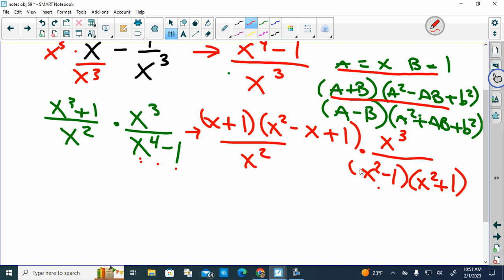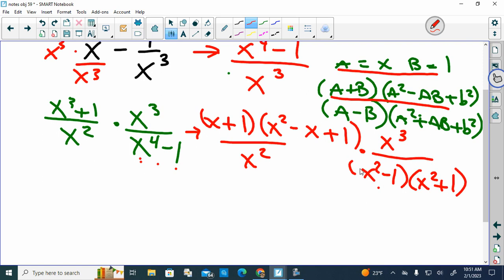Sign in the middle has to be a negative, because that's what gets rid of the middle term. And then 1 has to be a perfect square. Well, 1 times 1 is 1, right? That's your perfect square. So we do it as a positive and a negative, split it up, and then 1 and 1. But this is still a perfect square binomial, so that means I can factor just that one further, not that one.